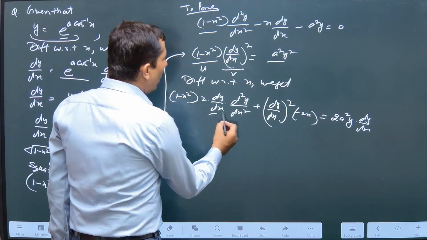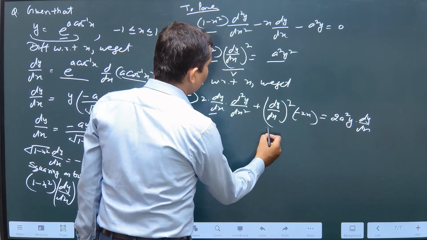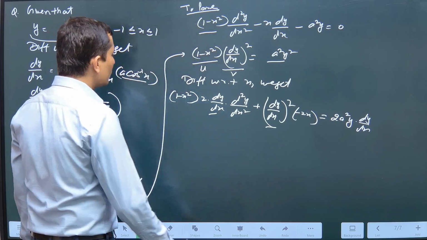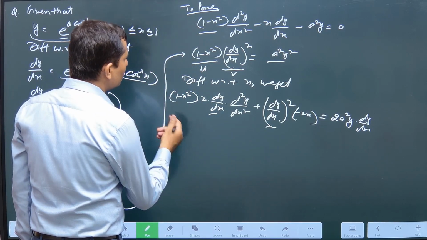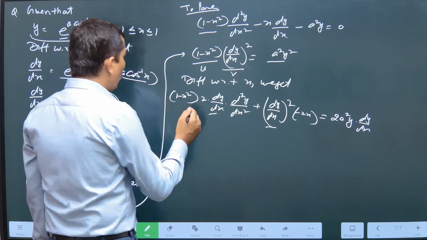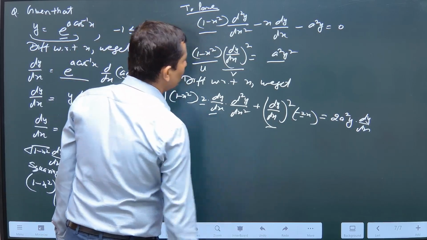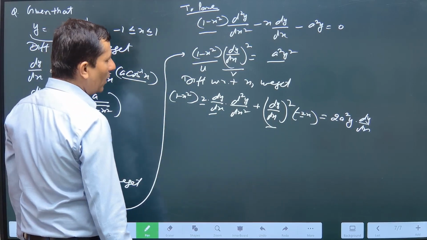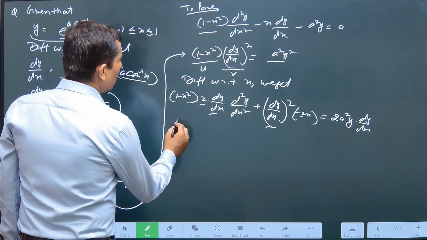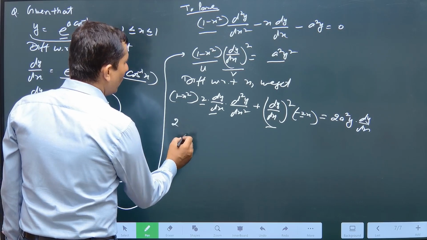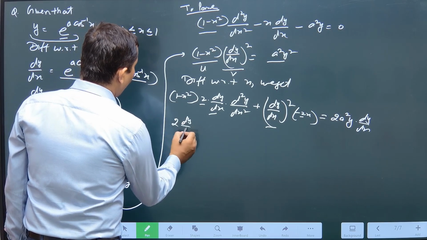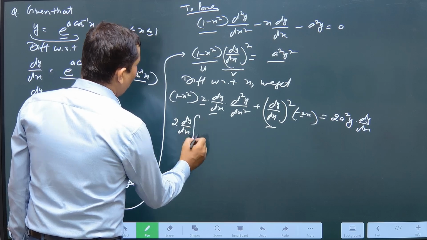We can take common dy upon dx in the left side. Take common here, and 2 also. Now take 2 dy upon dx common from the left side.